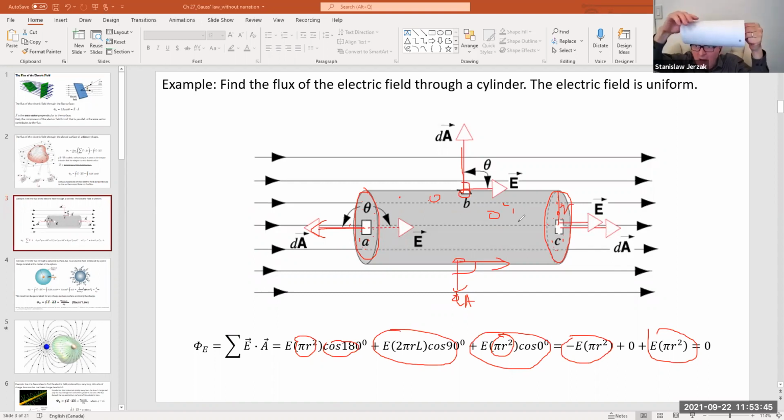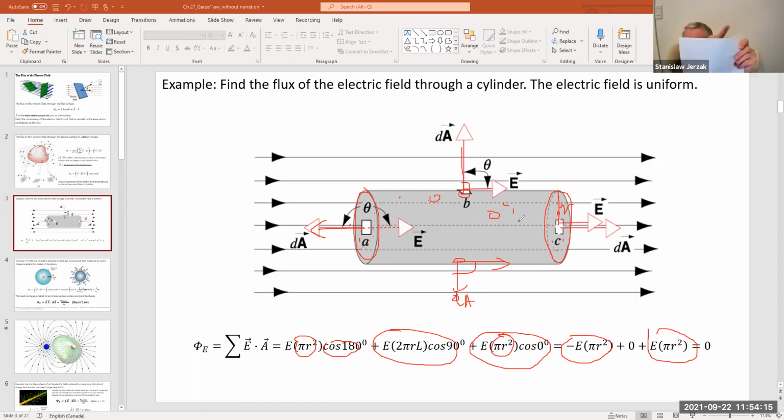When I unwind that surface, what do I get? I get a rectangular area. So this is again my cylinder. This is radius r. When I unwind it, then this side would be 2 pi r, the circumference of the circle.